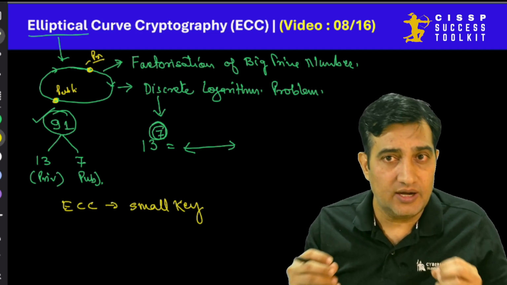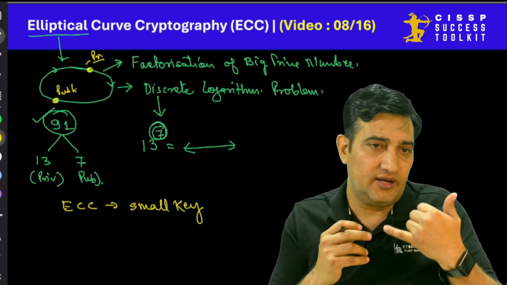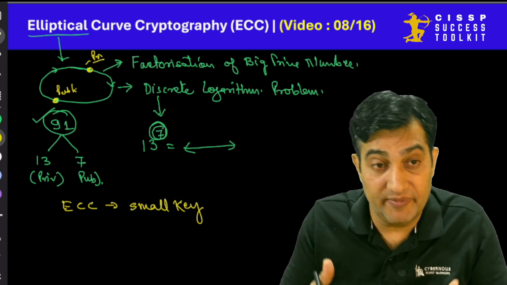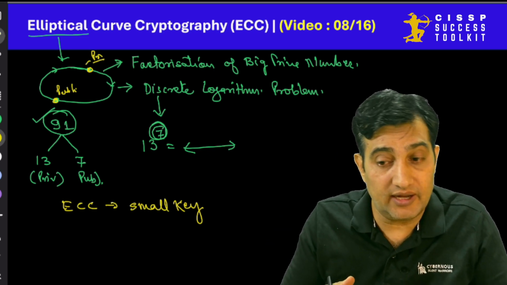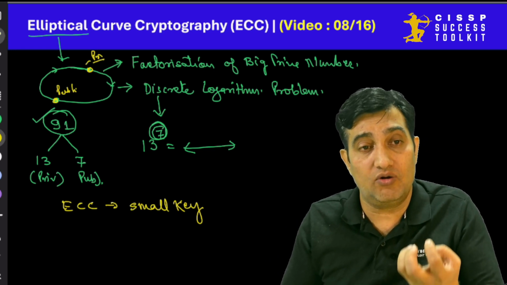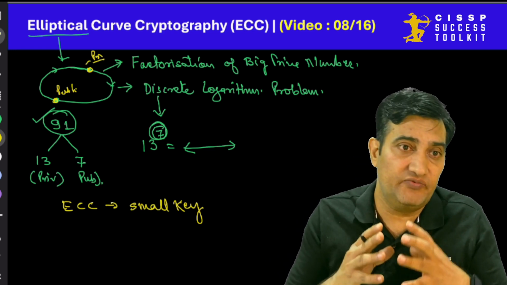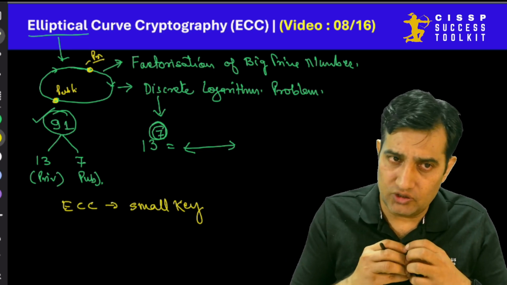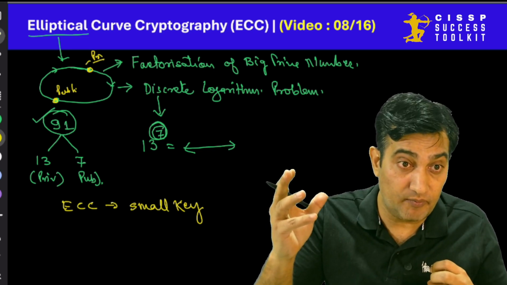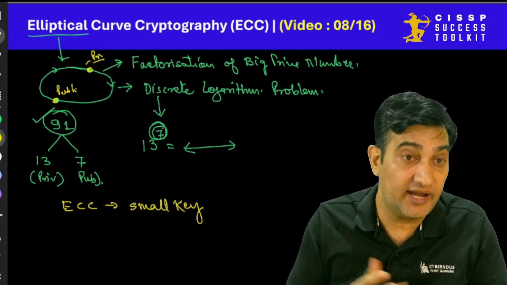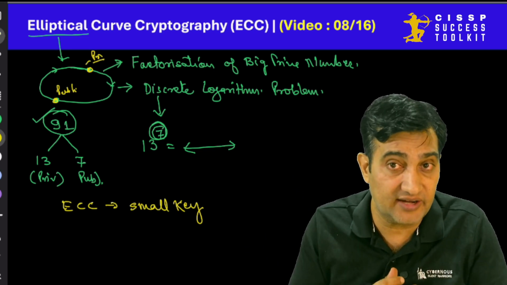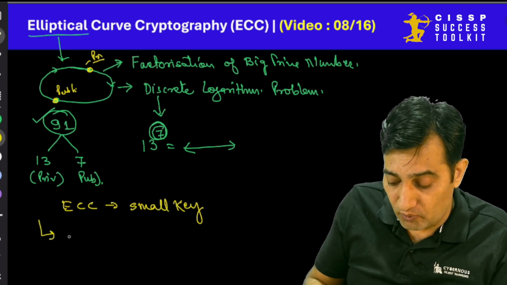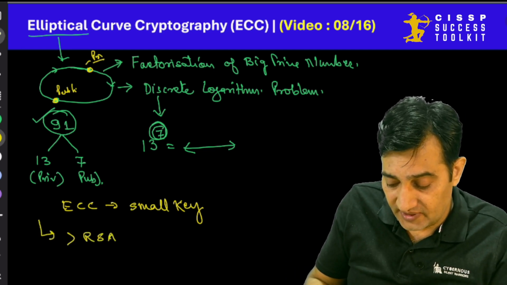So there are places where, let's say, you have a mobile device where you need to implement this ECC. This ECC will be capable of operating on devices which have very low performance, because just by using a small key you are able to generate the same level of complexity as we were using in RSA and other algorithms. That is the reason why it is getting more and more popular than RSA.